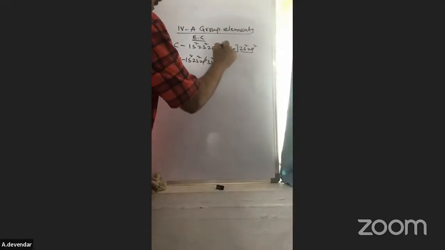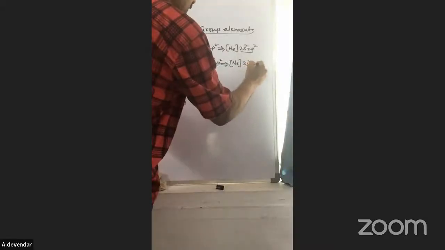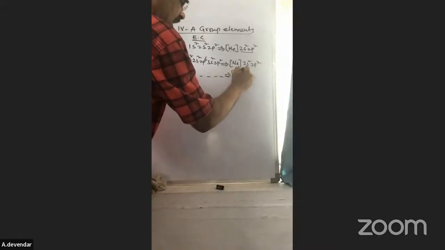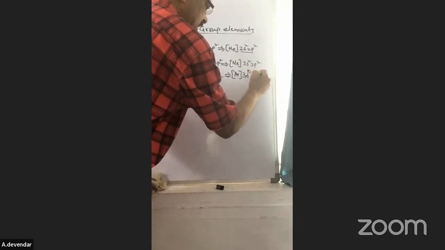It is nothing but neon, 3s2, 3p2. So don't waste your time. After neon, argon. After argon, it is the 18th element. Next, the 3d block elements are entered. 3d10 over. So after 3d10, 4s2, 4p2.